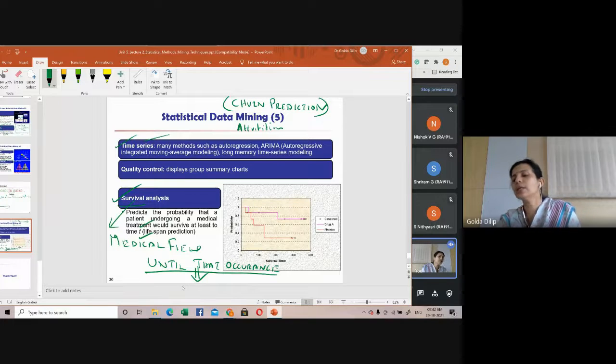Employee attrition rate in a particular company is how long they will stick on to that company, how you are able to retain them. Churn prediction is about customers who are going to leave that company, because in some cases churning or an employee leaving the company will be unavoidable. Perhaps he's not interested in that company, so he is moving out.